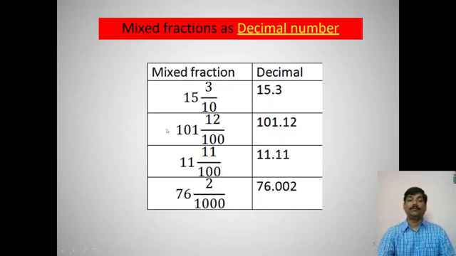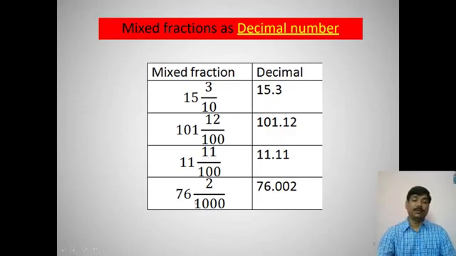This will be in decimal form. 15 whole, so we write 15 as the whole part. 3 upon 10 means 3 tenths, so we write it at the tenths place. 101 whole and 12 upon 100 means we write the point after 12 hundredths. 11 whole, 11 upon 100: the whole part is 11, so we write 11, and 11 upon 100 as 0.11, because it is upon 100, so we write up to the hundredths place, 1 1.